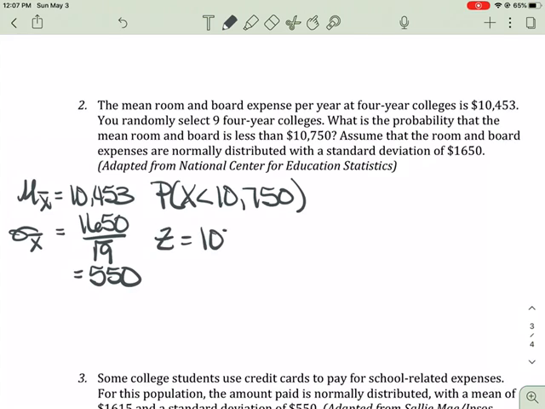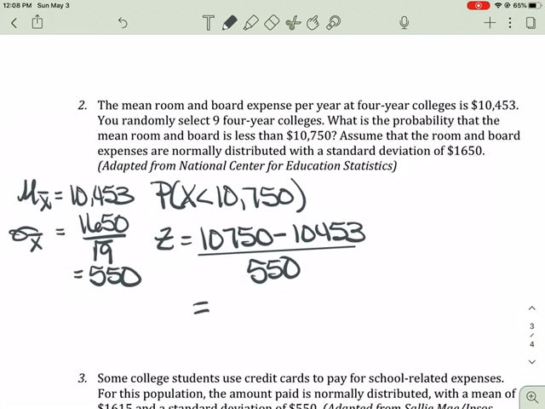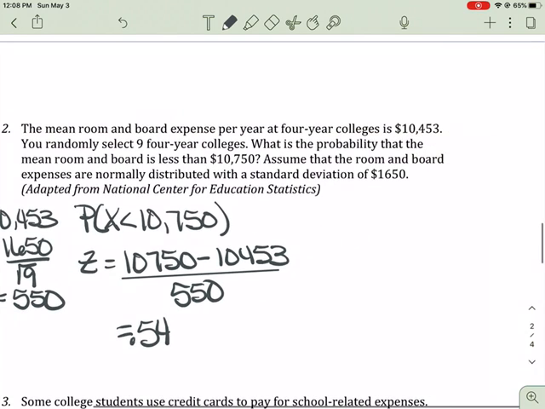We're going to have to convert that to a z, all over 550. Okay, do the math. I got 0.54. We're going to find the probability that the z is less than 0.54.